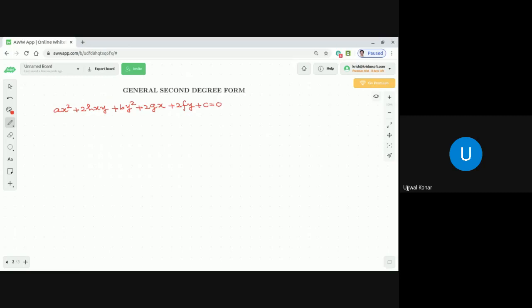This general equation of second degree can represent a pair of straight lines, a circle, a parabola, an ellipse, or a hyperbola, based on different conditions.